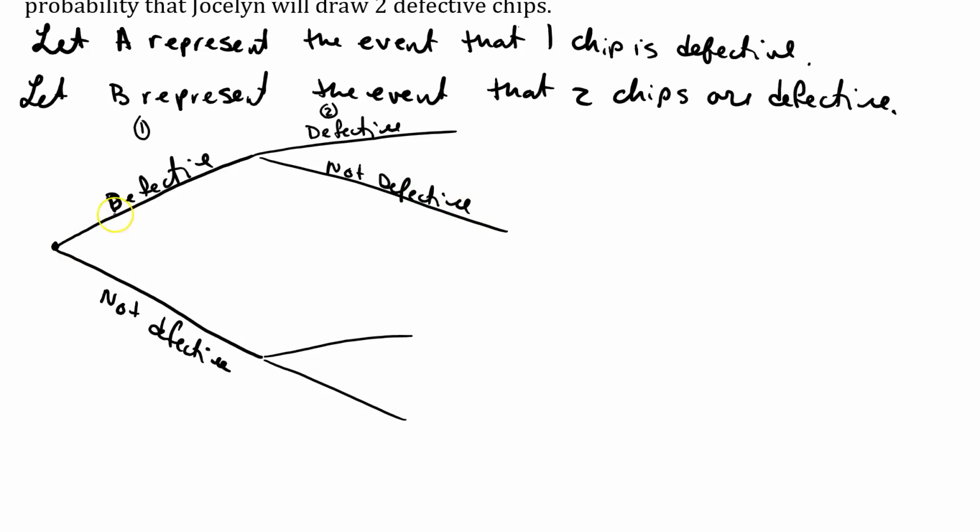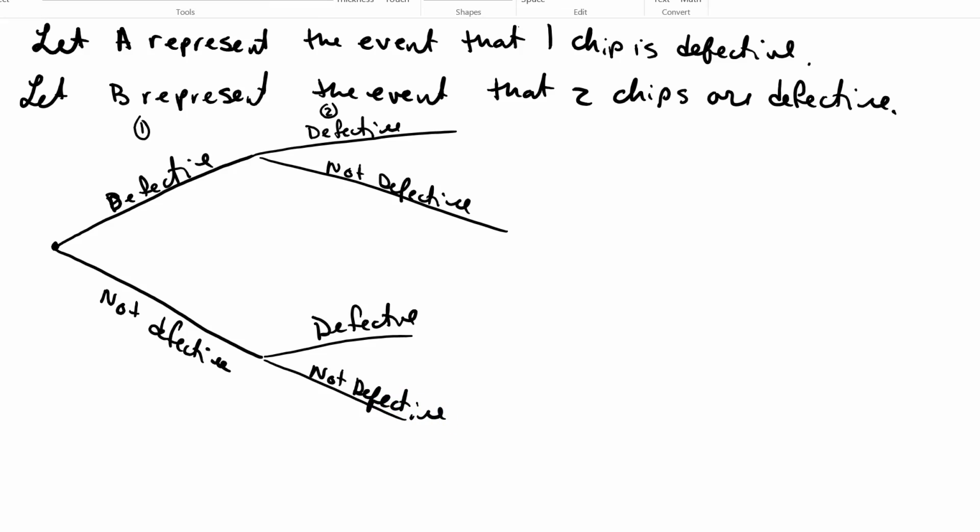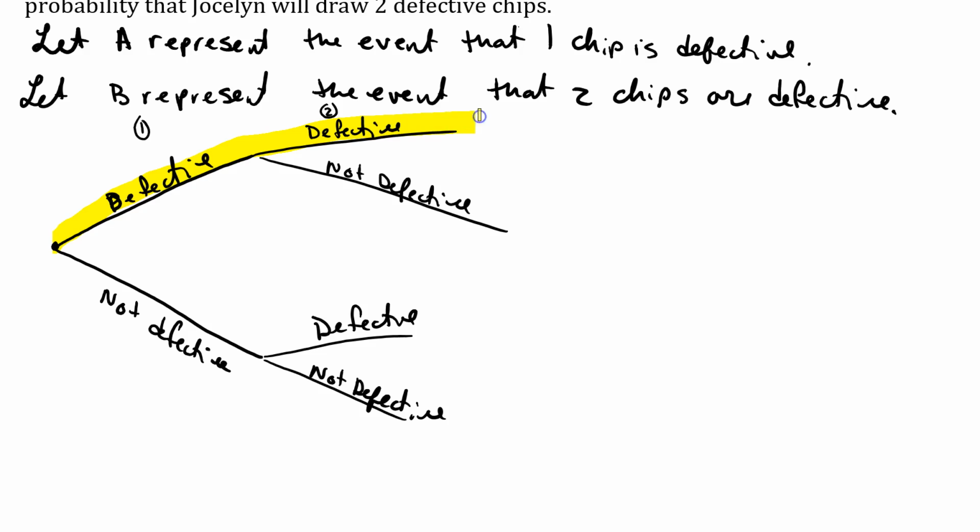So you can pull out your first chip, it can be defective. You can pull out your second chip and it can be either defective or not defective. Or when you pull out the first chip and it's not defective, the second chip can also be defective or not defective. So I'm just going to highlight the branch that we want. So we want the defective first chip and the defective second chip.